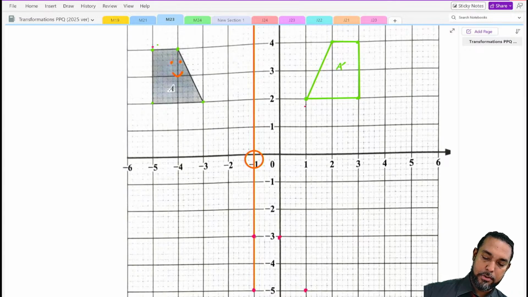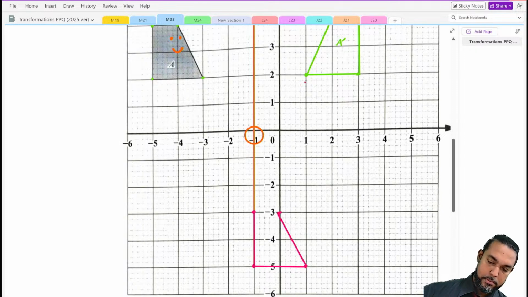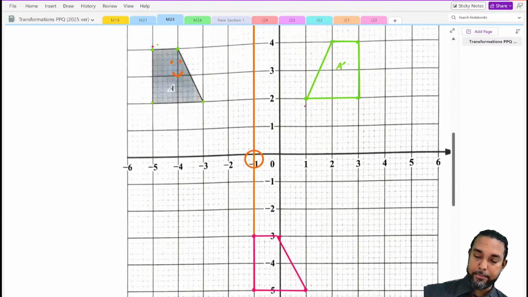And then you close up your shape and label it A double prime. Okay, cool.